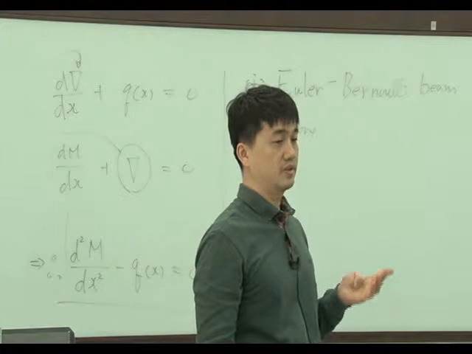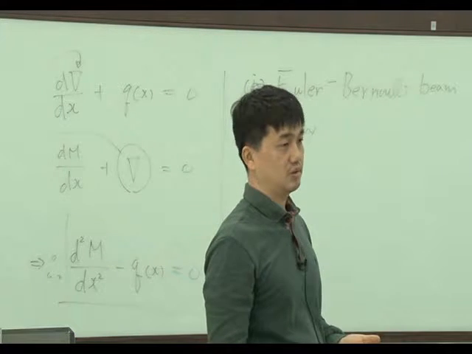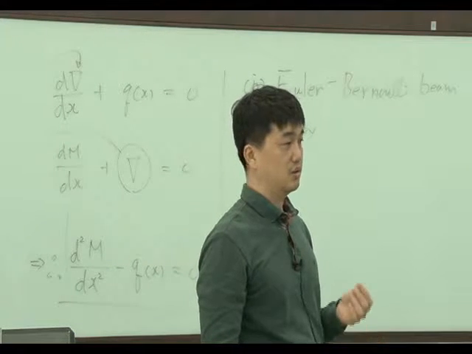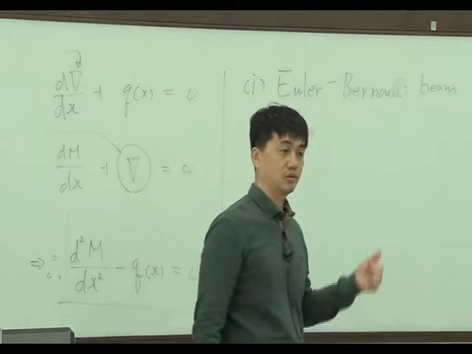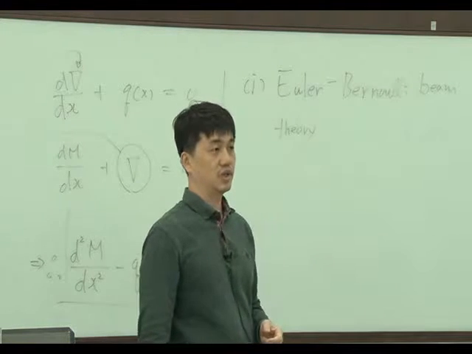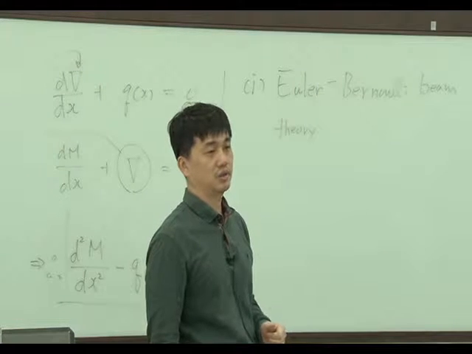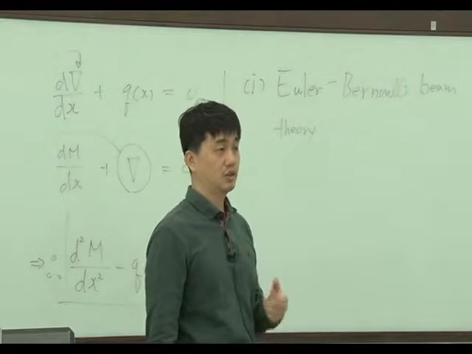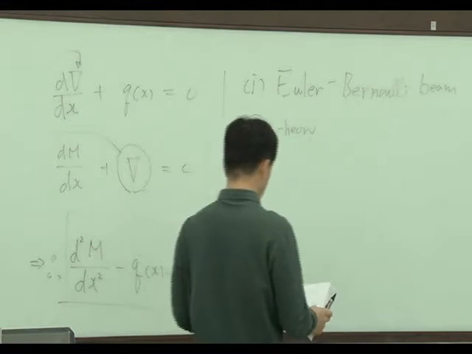One is Euler-Bernoulli beam theory. The other is Timoshenko beam theory. When you are undergraduate students, you only meet this Euler beam theory. But in my class, I like to also teach about Timoshenko beam theory. Timoshenko beam theory is a little bit more complicated.